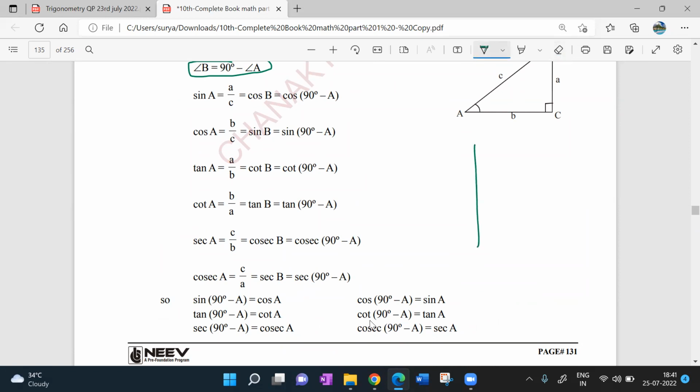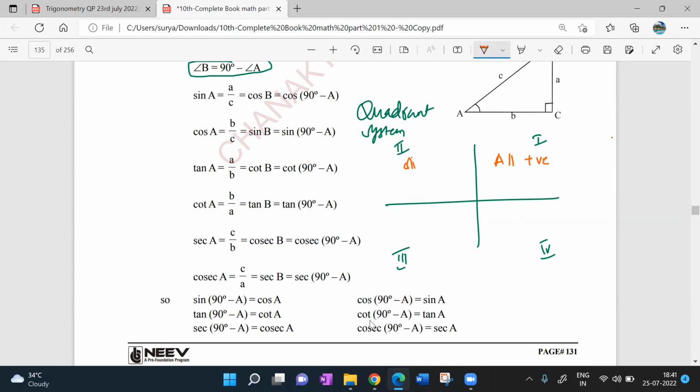There is a system called the quadrant system. Not quadratic, quadrant system. This is the first quadrant, this is the second quadrant, this is the third quadrant, this is the fourth quadrant. In the first quadrant, all functions will be positive.